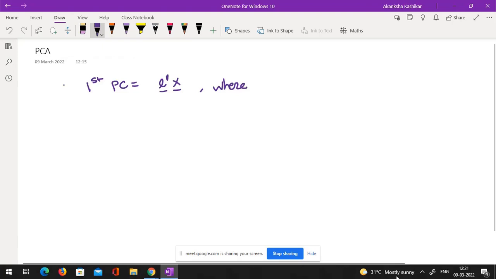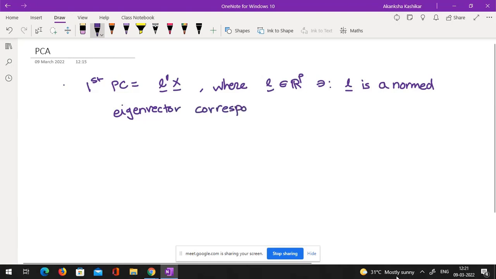Where L is a p-dimensional vector such that L is a normed eigenvector corresponding to the largest eigenvalue of sigma matrix, that is the variance covariance matrix of X.